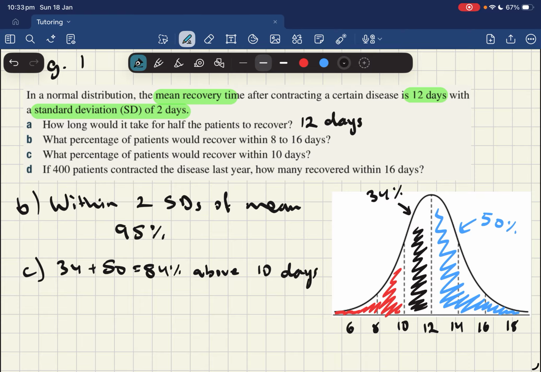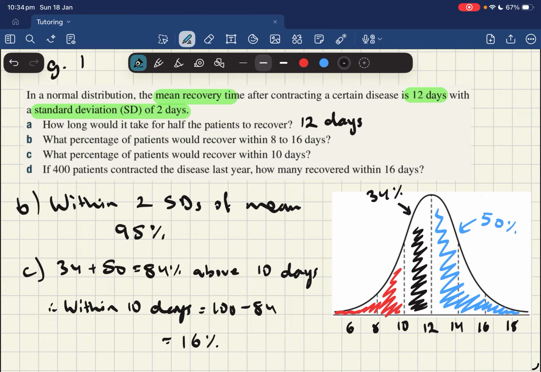So within 10 days, which is 10 or below, is 100 minus 84, which equals 16. So 16% recover within 10 days. We're just looking at percentages when we navigate our normal distribution here.